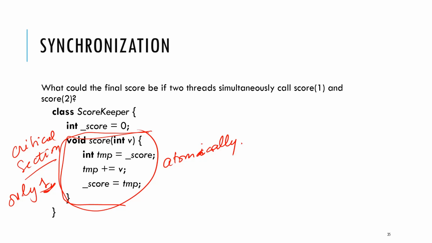In our case, n must be equal to 1, so we should allow only one thread to run this code at a certain moment, because if two different threads read two different values for this score and then make two different additions afterwards, they will override the work of each other.